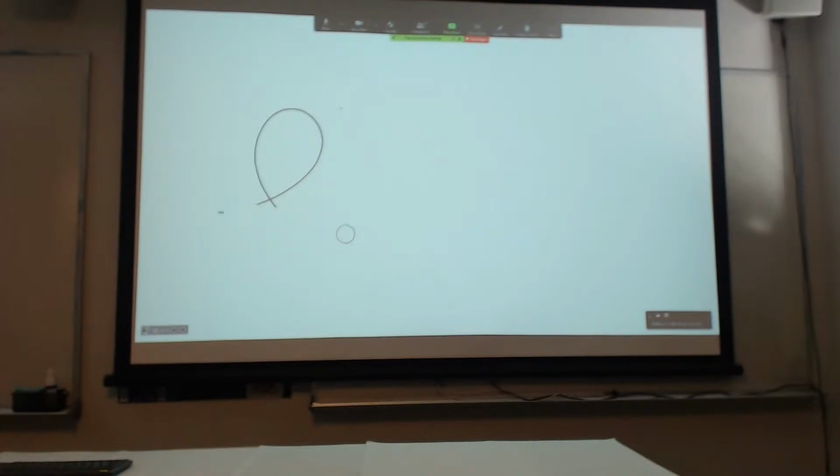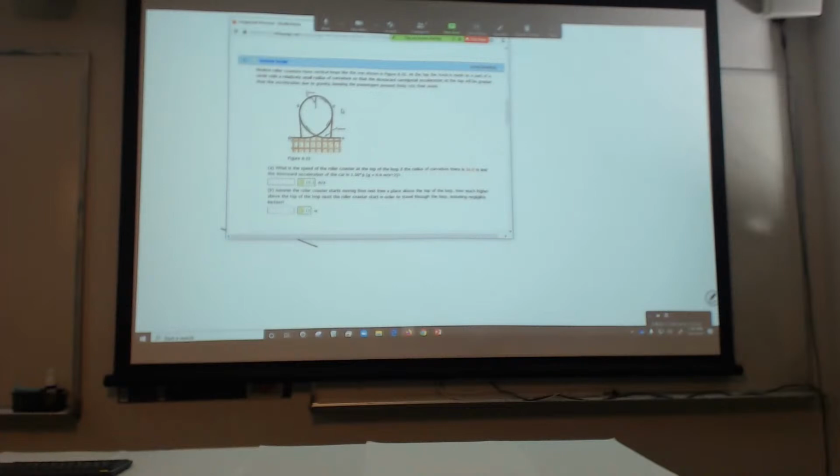I'm having trouble on part B specifically, and I'm using A, C, and E, the law of conservation of mechanical energy.